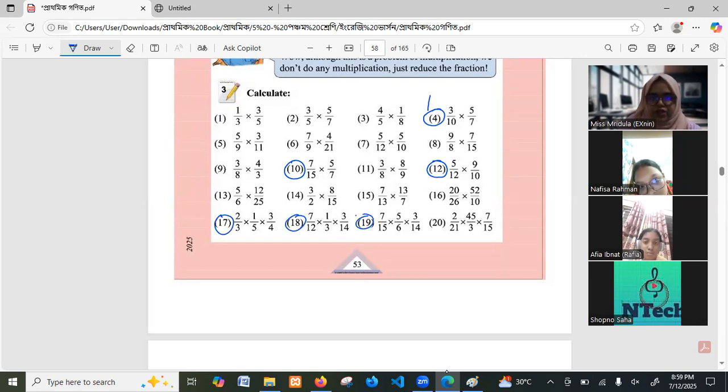Nafisa is going to do number 4 and number 18. Rafia is going to do number 10 and number 17. And Shopno is going to do number 12 and number 19.